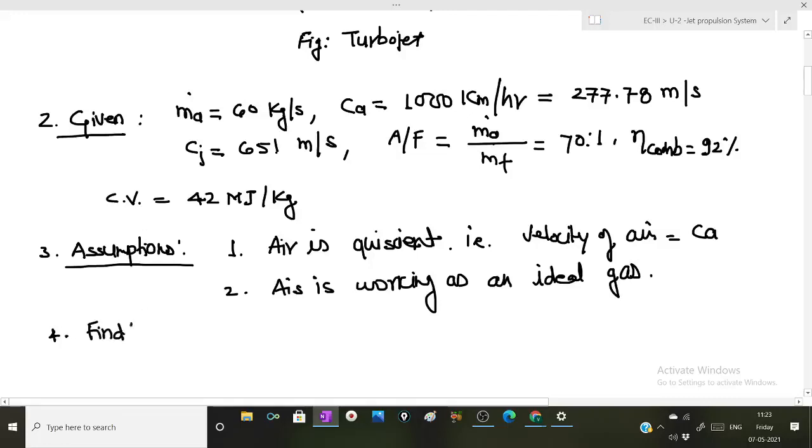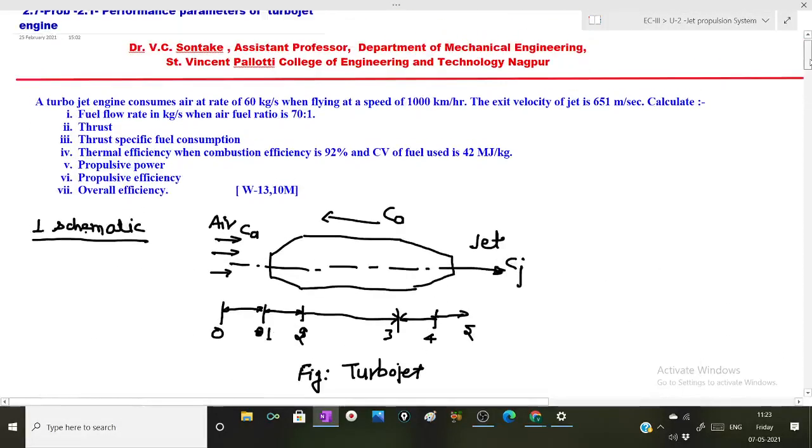After making assumptions, let us list find. So we have a long list of parameters to be calculated. So we can calculate all those parameters as per list. Got it? So let us start from the point number 1.